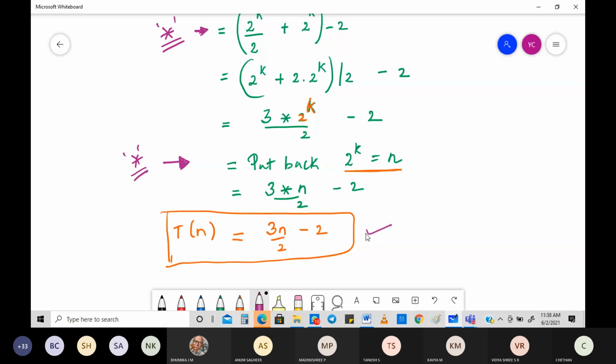This is the time complexity of figuring out the maximum and minimum element of an array using divide and conquer. The time complexity of it is nothing but equal to 3n by 2 minus 2.